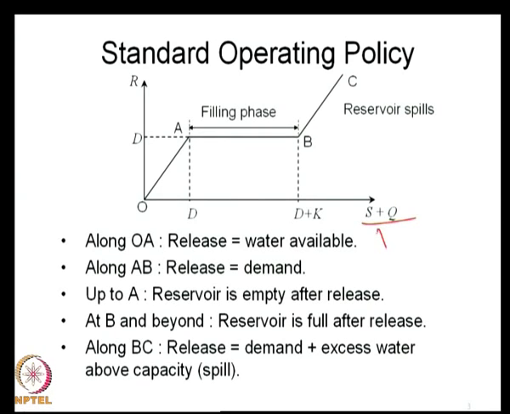Typically, it is shown as a graph like this. On the x axis, you see S plus Q. This is the storage plus the inflow. This is the total water available, neglecting losses.